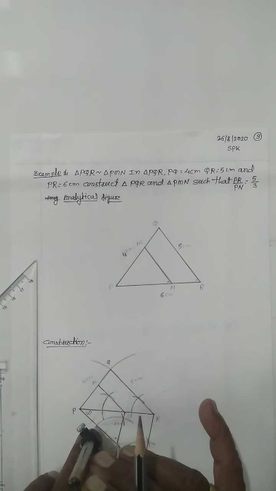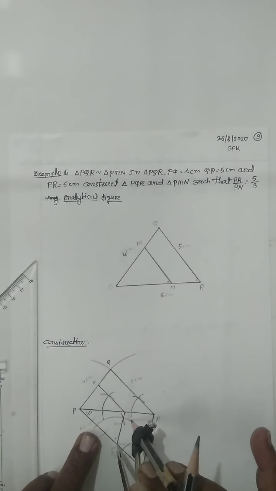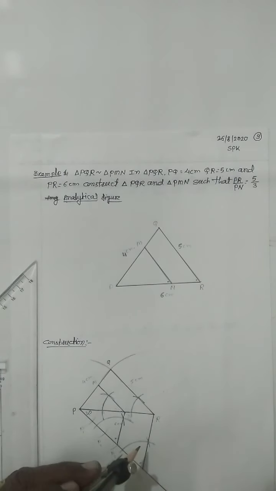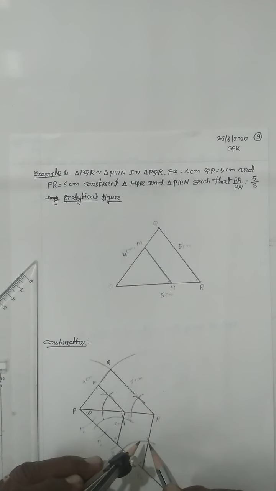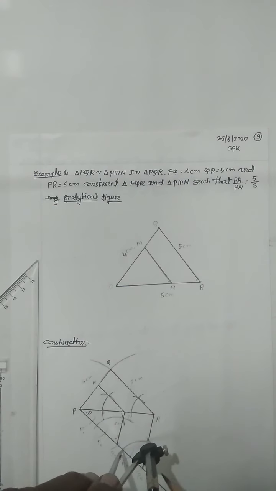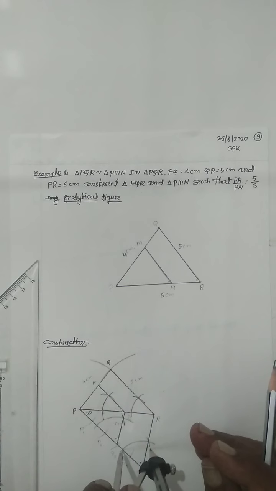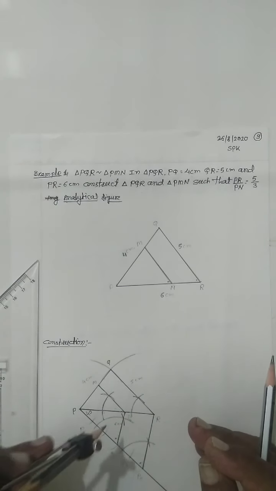This arc intersects this side and extend it. Then take a distance between the two intersecting points of this arc to the side and draw the arc.